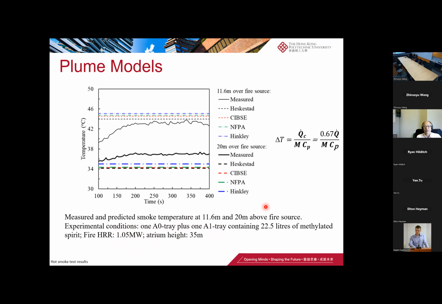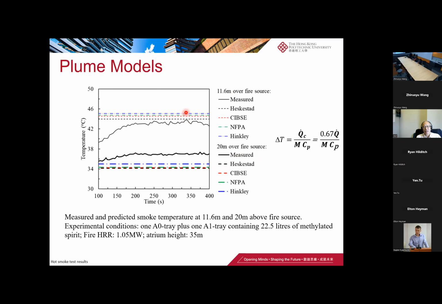During the hot smoke test, we installed thermocouples in 2 locations. One is at a level of 11 meters, another one is at 20 meters. So we measured the temperature.